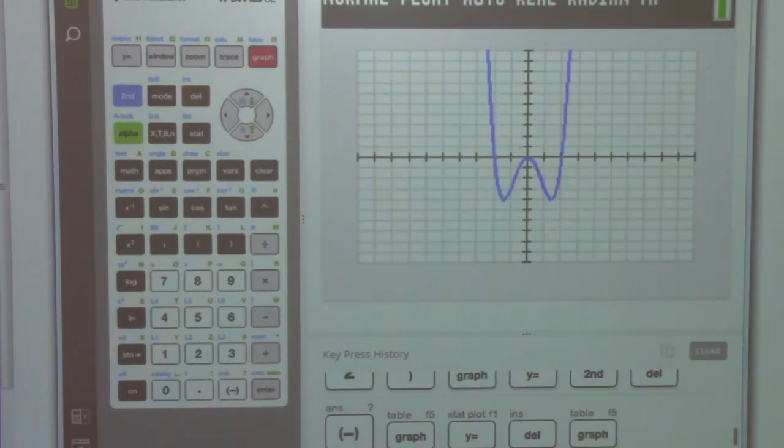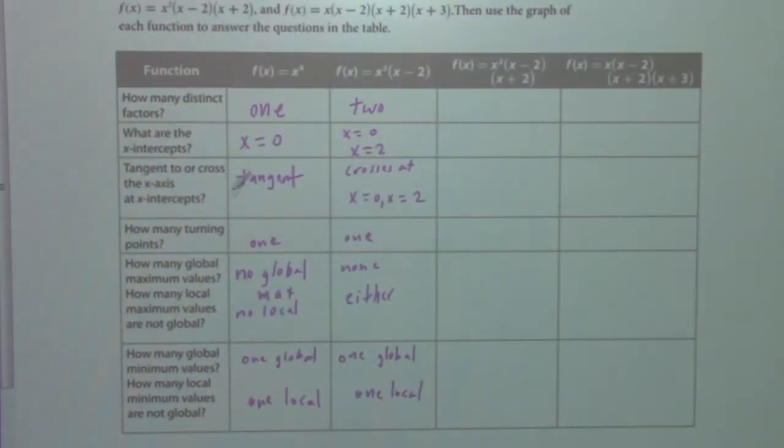All right. But anyway, we can see what it looks like. So let's go ahead and answer the questions. How many distinct factors do we have here? We have 3. And let's look at our x-intercepts. The x-intercepts are x equals 0, x equals plus or minus 2, right?